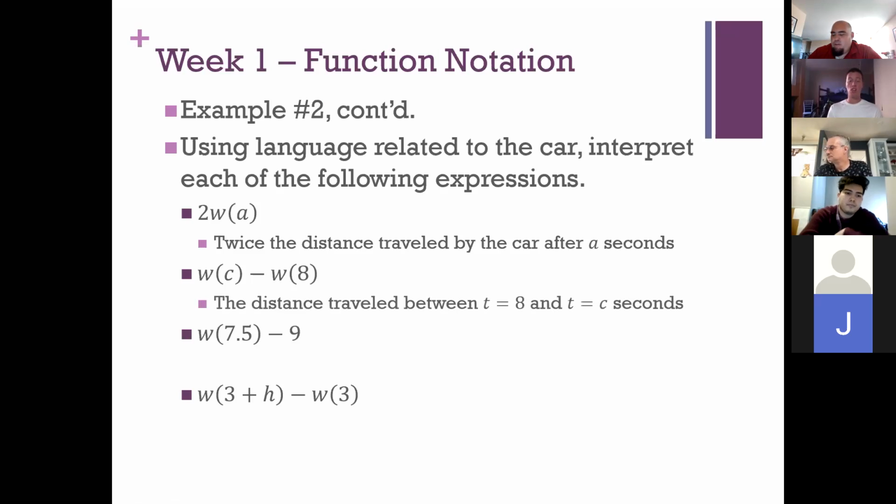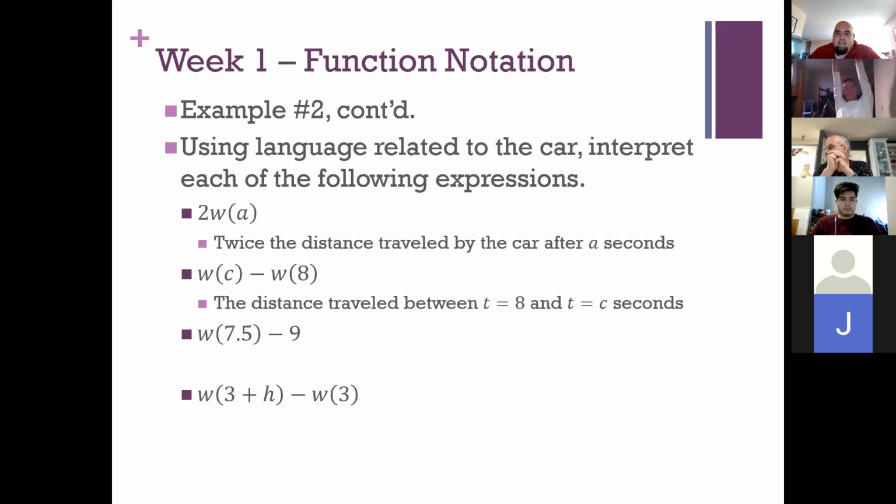Right, next, W of 7.5 minus 9. That would be the distance at 7.5 seconds minus 9 feet. Caitlin says the distance at 7.5 seconds minus 9, 9 feet short of the distance traveled in 7.5 seconds, 9 feet less.